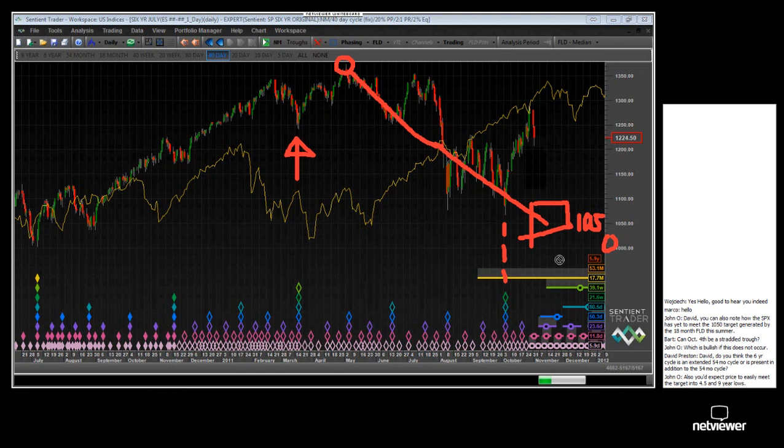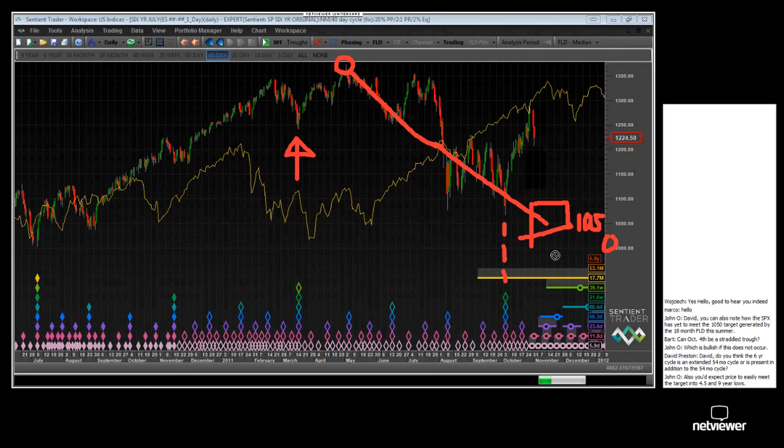So the fact that price has not achieved that 1050 projection is bullish if price doesn't get that low. So that's what John is saying over there with the 1050 target generated by the 18-month FLD this summer.